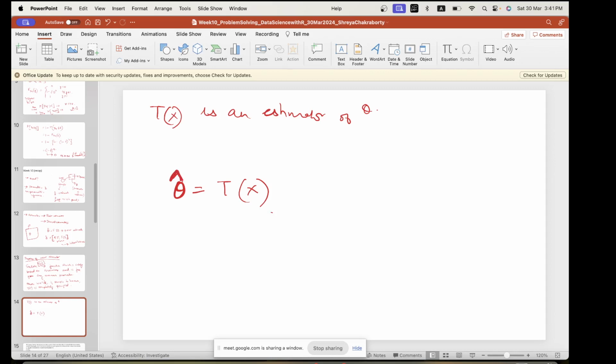Whenever we put a hat above any unknown parameter, that means we are getting an estimate. So we are estimating theta with the help of T(X), and T(X) is always the estimated value from a realized sample.